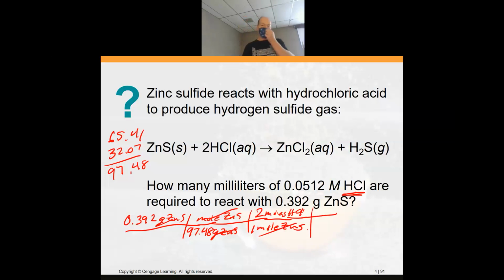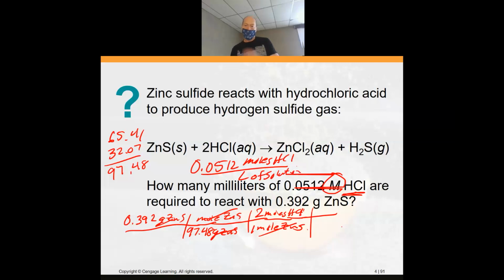All right, so here's where the problem comes, because no one knows, but I keep telling you, you must know, capital M is not useful. You have to know what that means. That means you have 0.0512 moles of HCl per liter of solution.